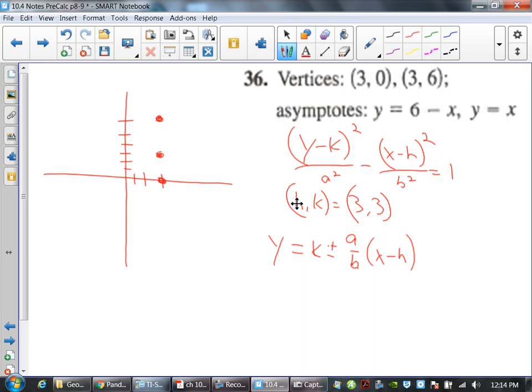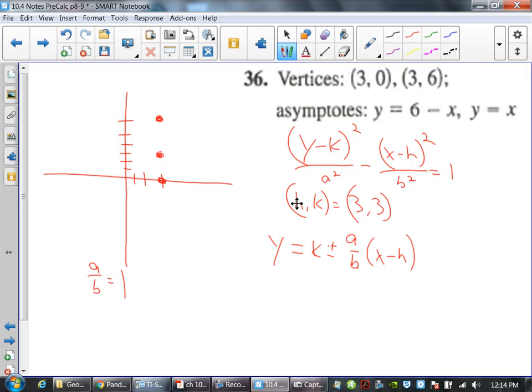So we know that a over b was 1. I copied 36, didn't I? Oh, okay, for some reason I thought I copied 35. Yeah, a over b is 1. So if a over b is 1, that means that a and b are the same.